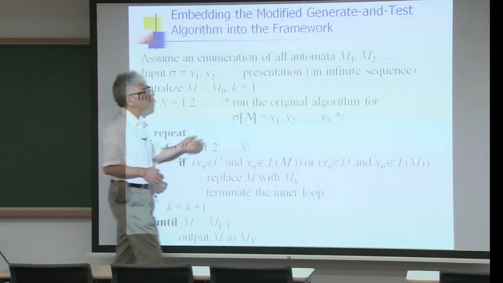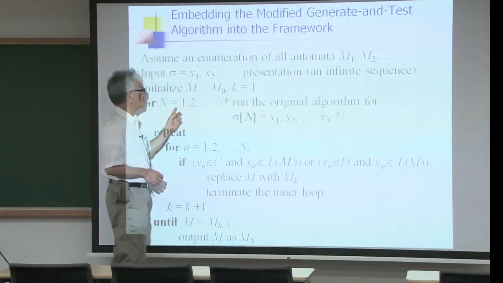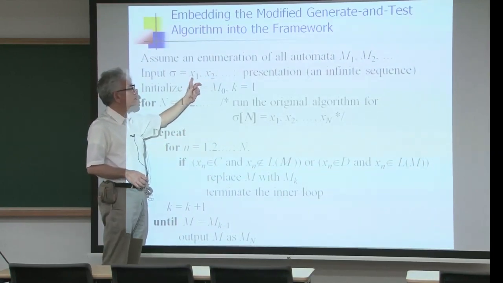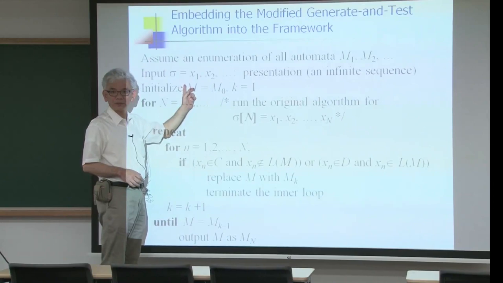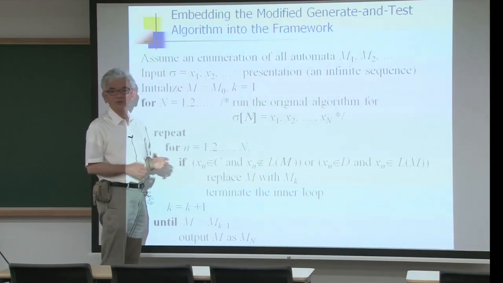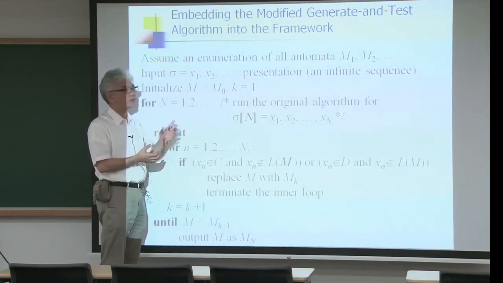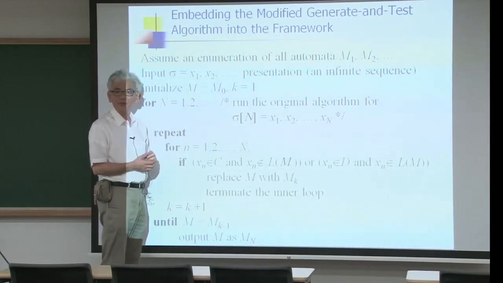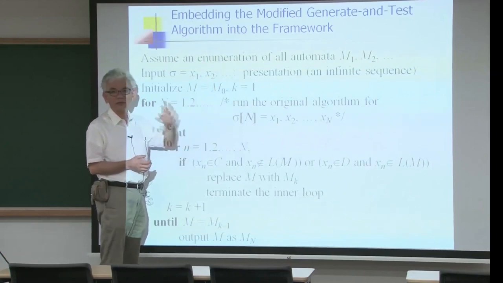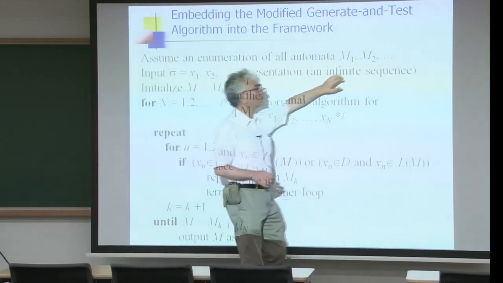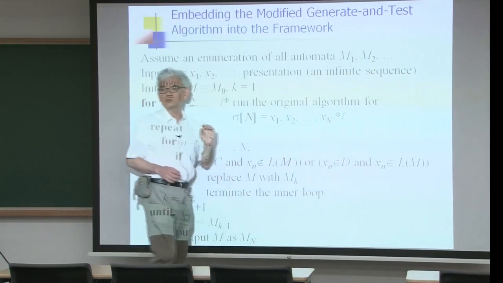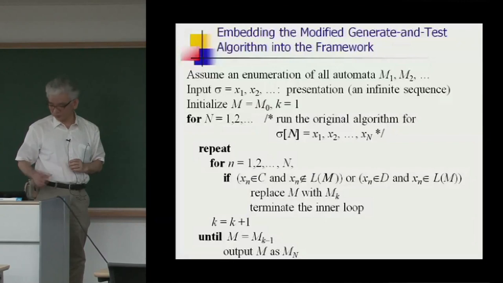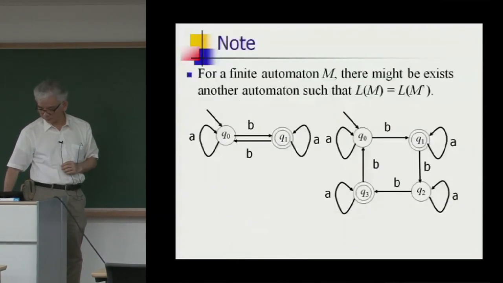And next, we take another example and check the consistency with the two examples. If it succeeds, we keep the automaton. But if the automaton is not consistent with the two examples, then we throw away the automaton and take a new automaton from this enumeration list. This is the enumeration method, the generate and test method.